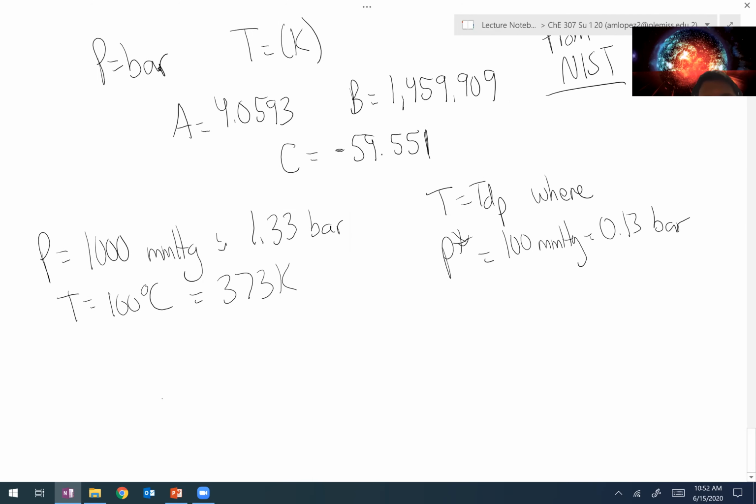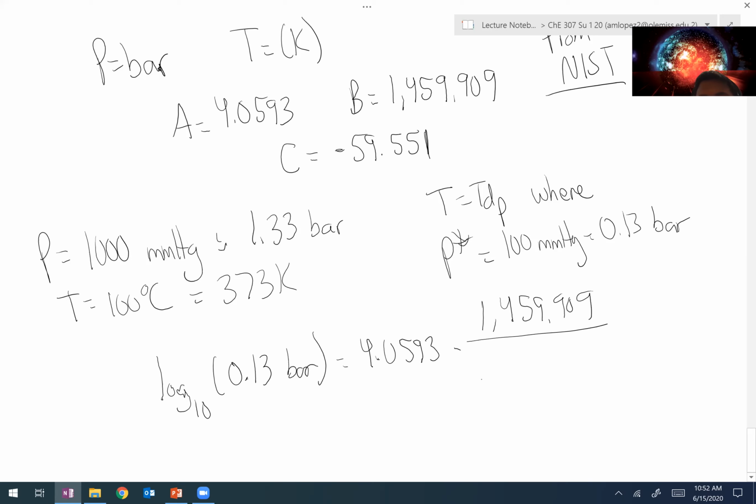And so for this expression, I have log 0.13 bar equals 4.0593 minus 1,459.909 over my temperature, which is what I'm looking for, which is the dew point, minus 59.551.